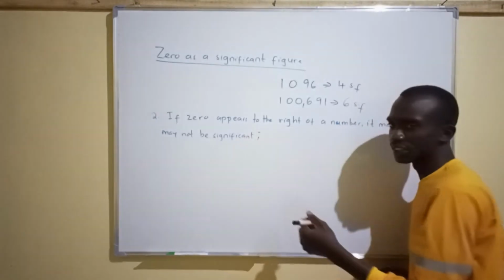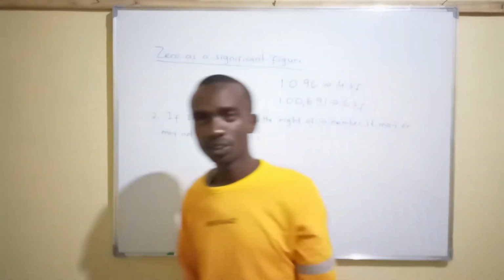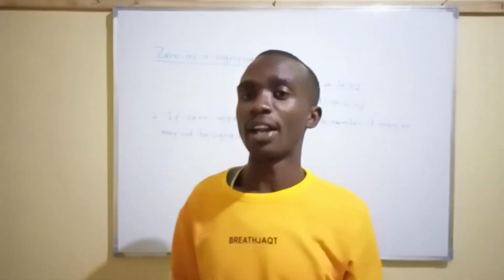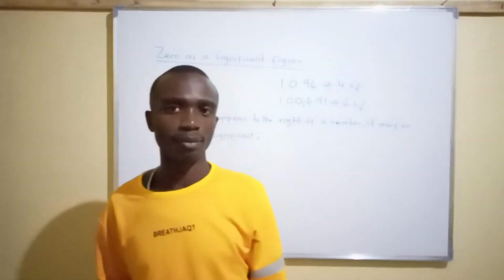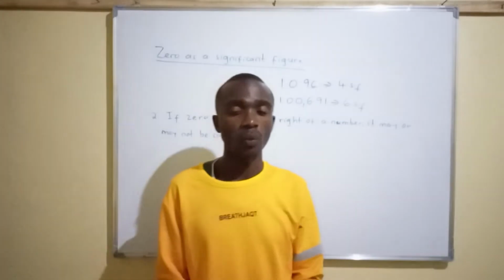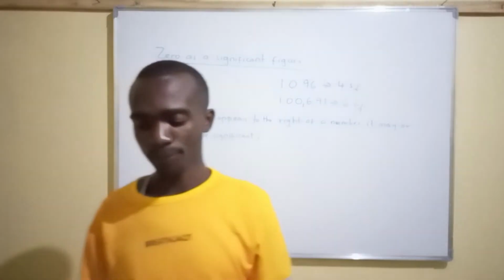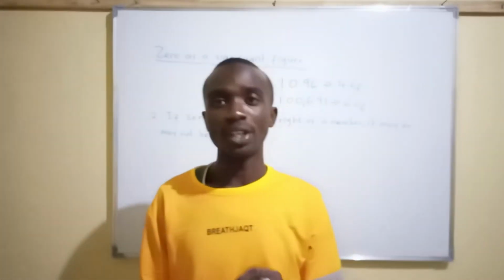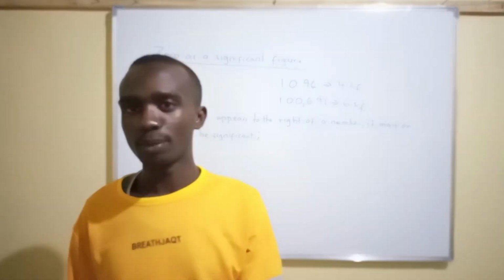In this example, we've got two situations whereby 0 can appear on the right of a number. The first is when that number is a whole number. And the second is when that number has a decimal point.